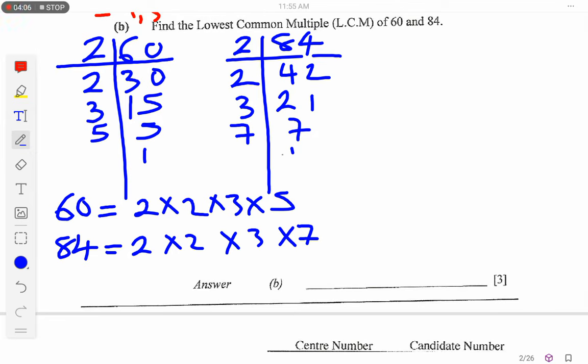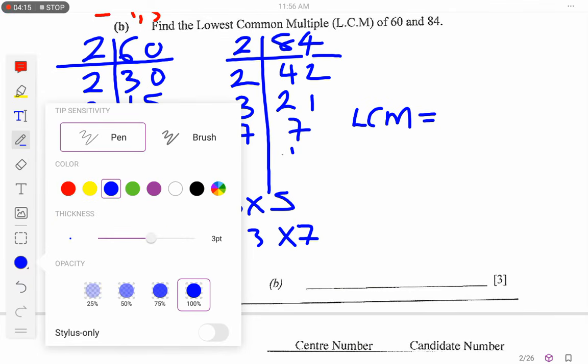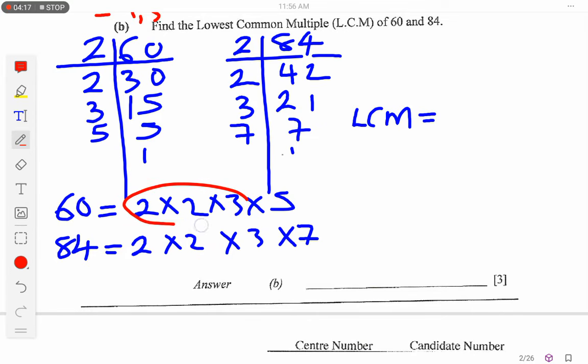Okay, so now to find our lowest common multiple, we are going to take everything. If I take 2 times 2, it is the same here. So I've taken everywhere. So I can write 2 times 2 times 3. Then I'll take a 5 there, then times 5 here. Then I'll also have to take a 7 here, then that will be times 7.